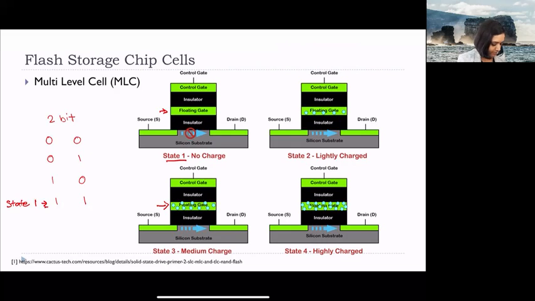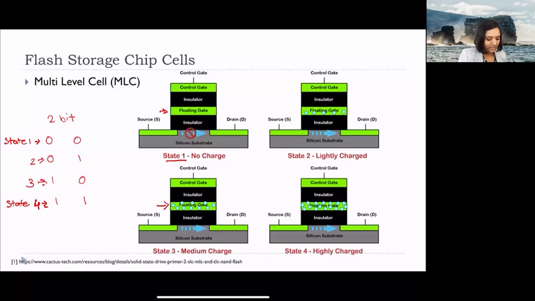Now, if there are no electrons, that means it is positive, right? Electrons are responsible for a negative charge. So we can say our 0 0 is our state 1. Just to be simplistic, let's go top down. So 1 1 is state 4. This is state 2, state 3.